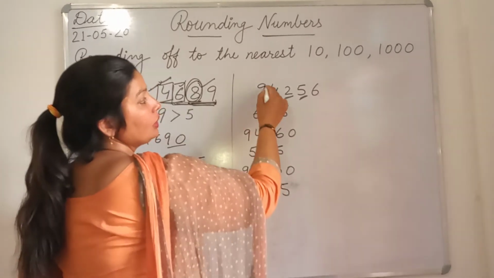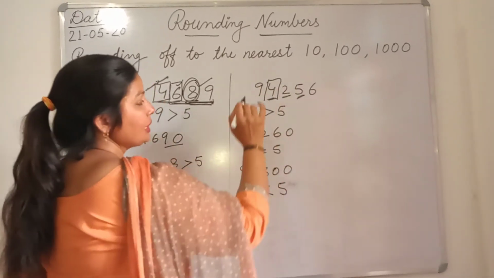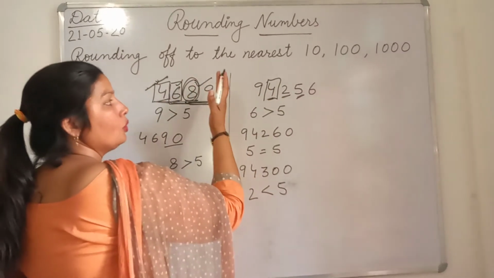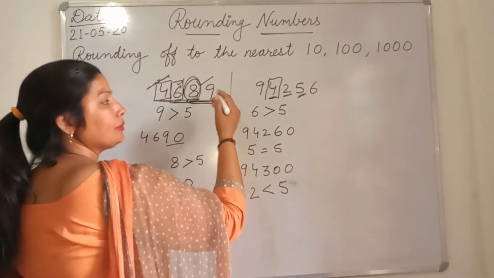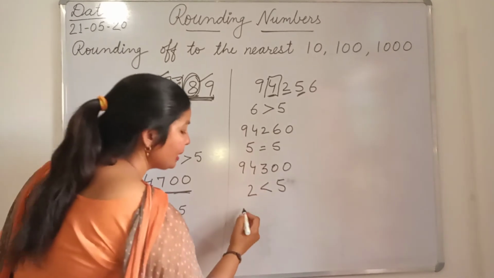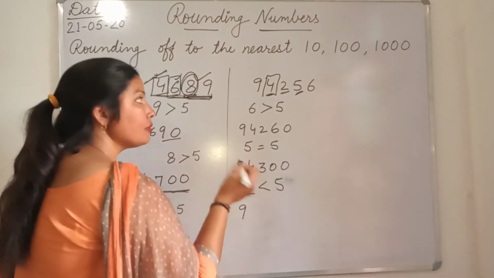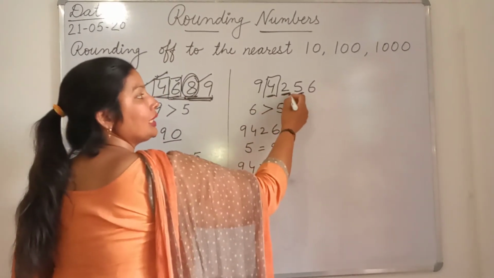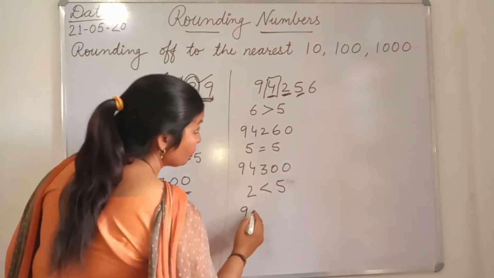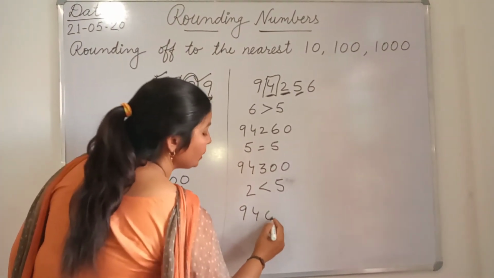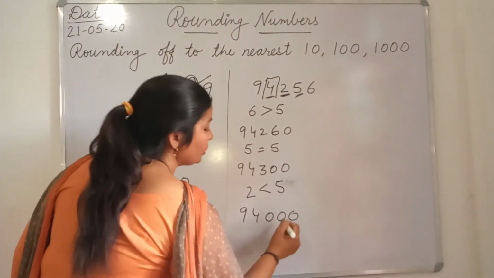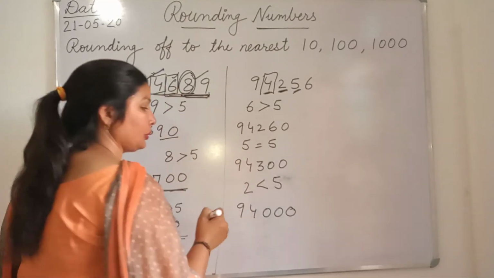What is in the thousand column? 4. So 4 will remain the same. And on this side all the digits will remain the same. So 9 will remain the same. Now 4 also will remain the same because in the 100 column we have less than 5. Then 0, 0, 0. These will become 0.